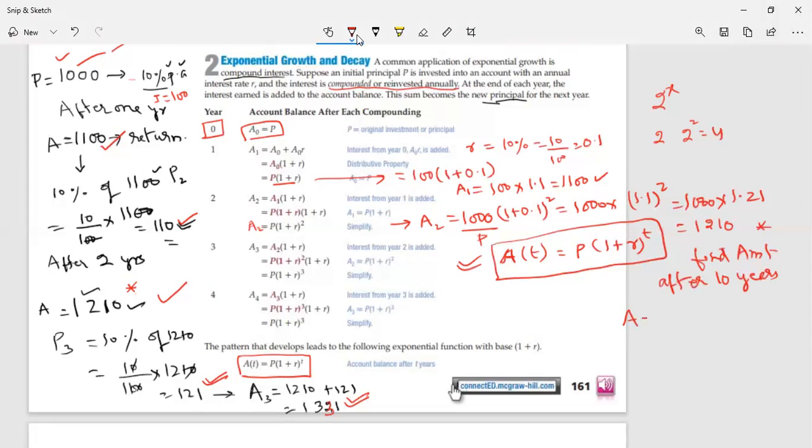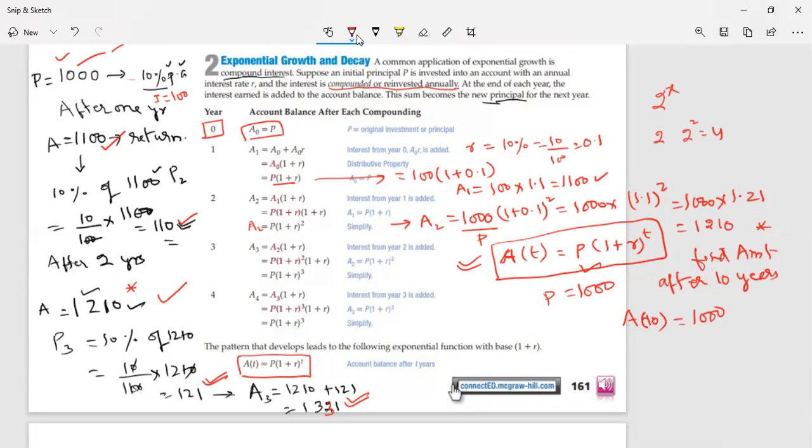So A is the amount. You can write 1000 here, not 1000 but 10 years for T. Principal P is 1000. For our understanding, I have taken an example of 1000 and 10%.